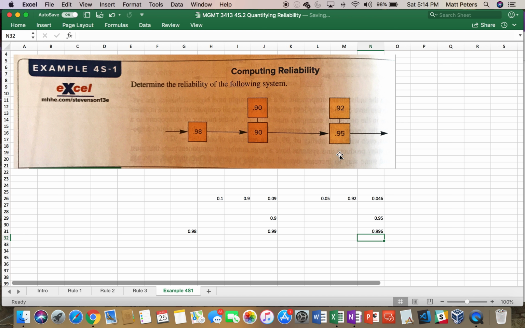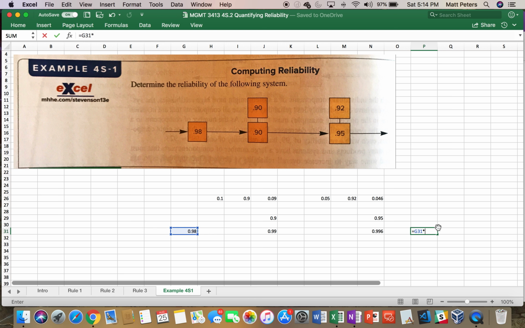So then the probability that this entire system, well, let's walk through. The probability that this first one is going to work is 98%. The probability that this one will work is 99%. The probability that this one will work is 0.996 or 99.6%. The probability that this whole system is going to work then is those three numbers multiplied together.